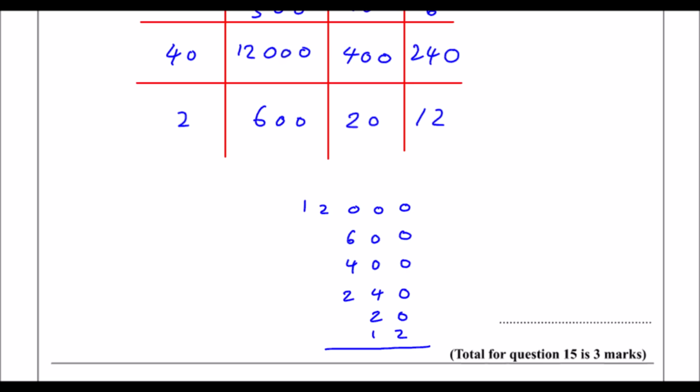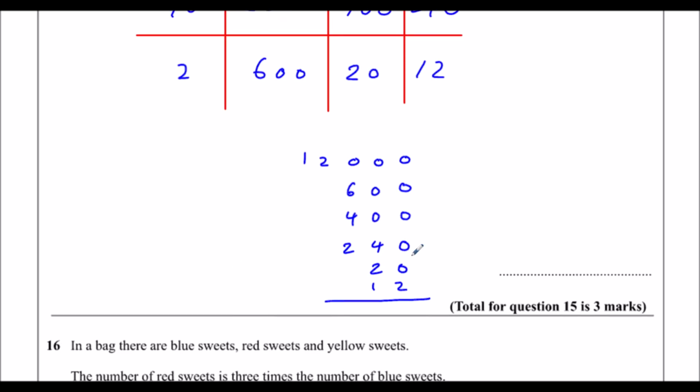So 0 plus 0 plus 0 plus 0 plus 0 plus 2 is 2. 4, 2 and 1, that's 7. 6, 4 and 2 is 12. So 2, an extra 1 carried over. 2 and 1 are 3. And I've just got 1 in that column. So I've got 13,272.